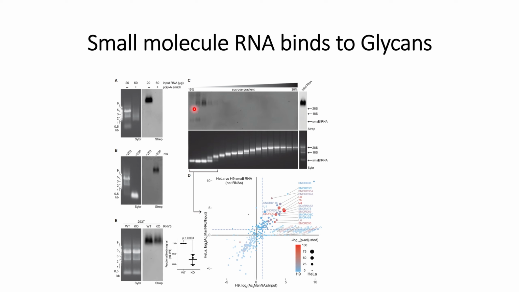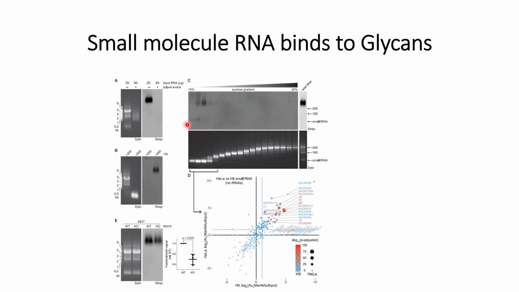We can see that small RNAs are visible in the initial percentage of the sucrose gradient, close to 15 to 20%, as seen in the blotting. So this shows that the small RNAs are present.